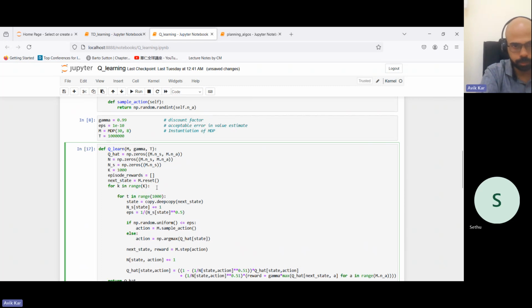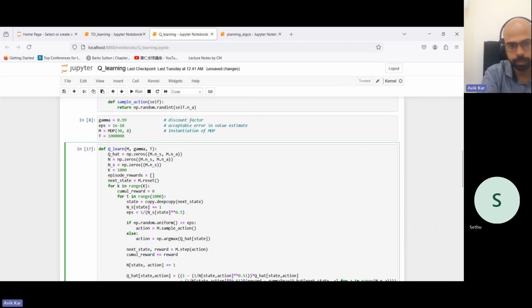In every episode, let us initialize a variable cumulative reward as 0, and after obtaining a reward, we add the reward to it. This is not gamma discounted.